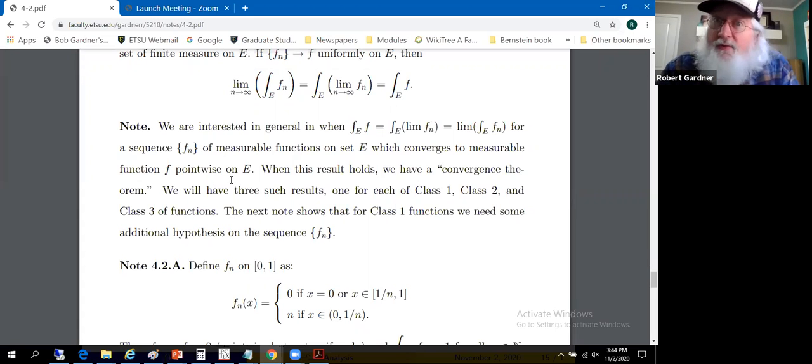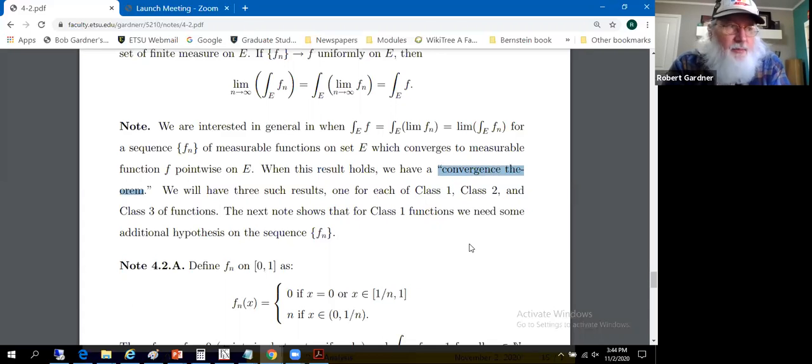Well, when you've got uniform convergence, you can do that in the Riemann setting for the appropriate kind of functions, and in the Lebesgue setting. We just proved you could when you have uniform convergence with class 1 functions. When such a thing can be done, we get what we will call a convergence theorem. We're going to deal with 4 classes of functions: class 1, class 2, class 3, and the foundational class 0.